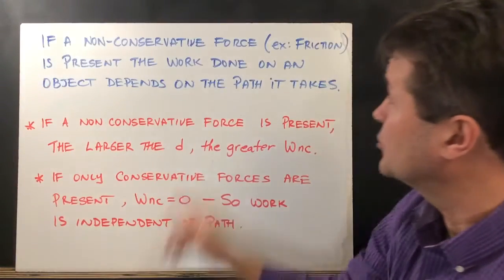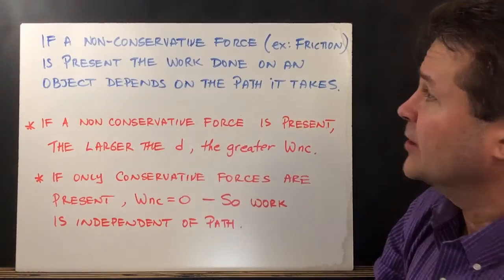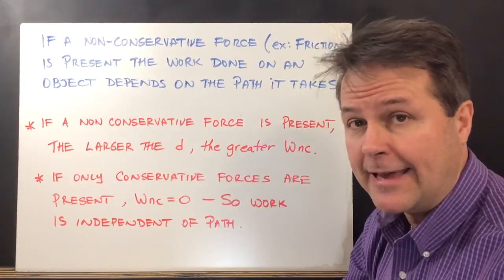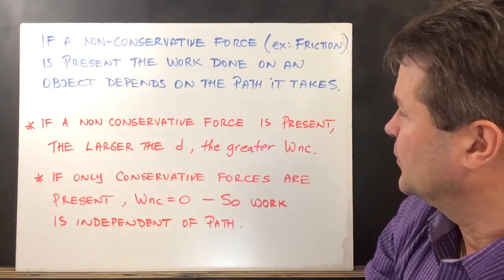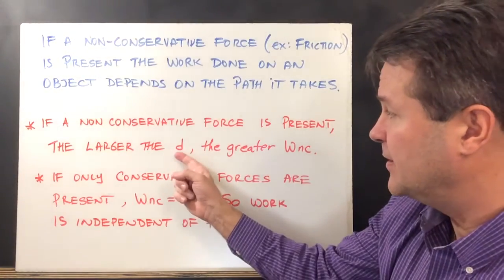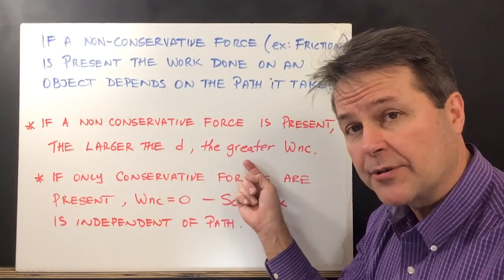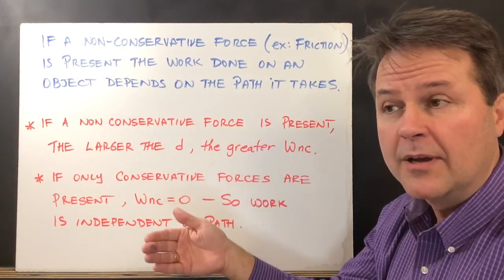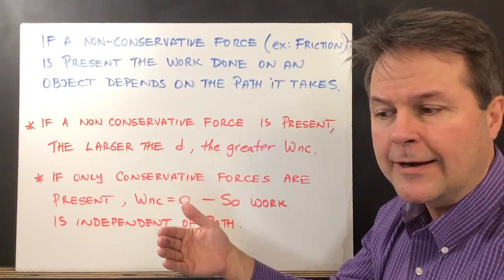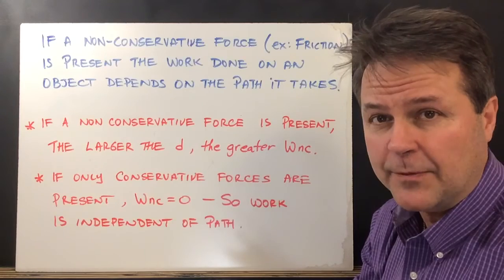So if a non-conservative force, for example friction, is present, the work done on an object depends on the path that it takes. It depends on d. If a non-conservative force is present, the larger the d, the greater the work done by that non-conservative force. So in the case of our slopes, the longer the slope, the more joules are stolen from the problem by the work done by friction.